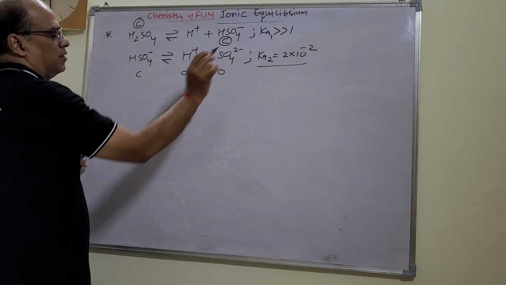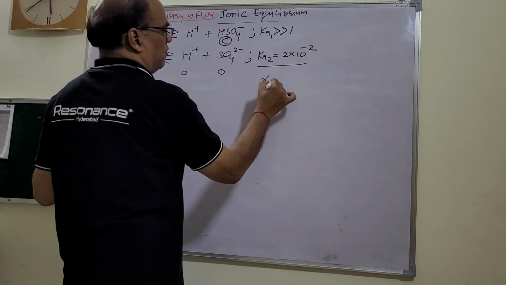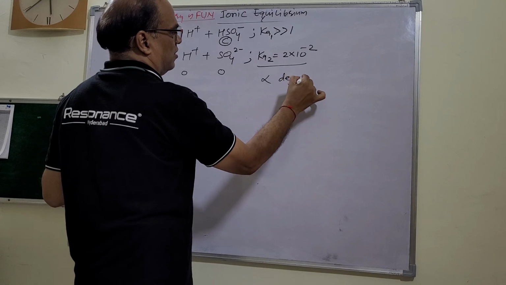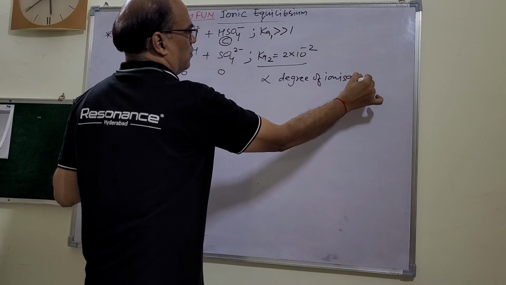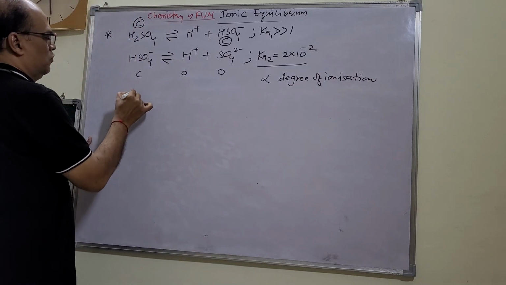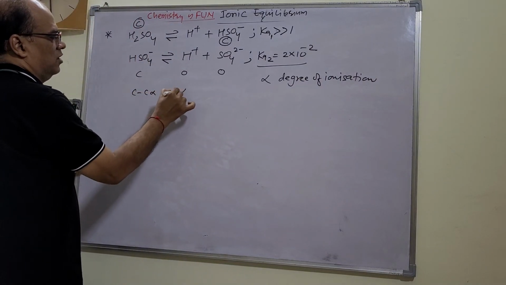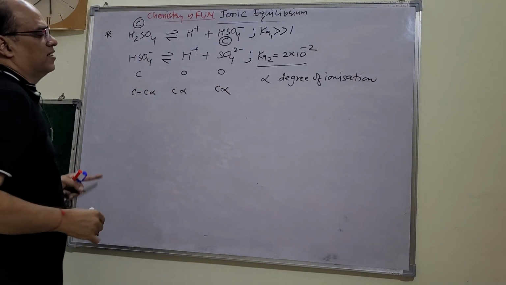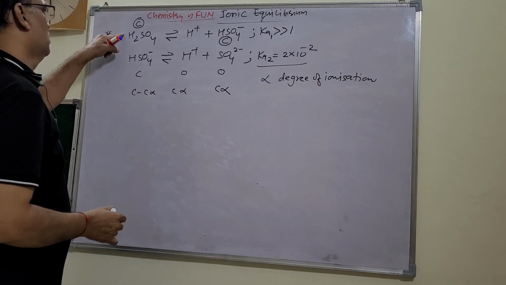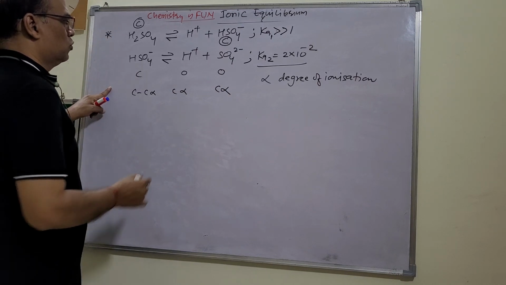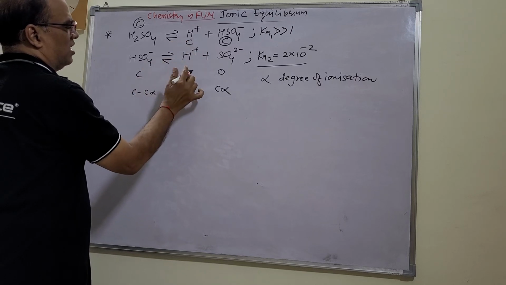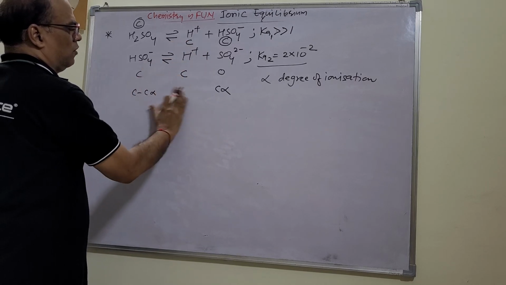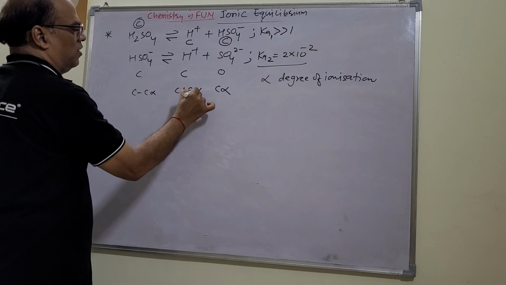Now the degree of ionization, alpha. So we will write C minus C alpha, C alpha, C alpha. Again there is an issue. What is the issue? They are in the same solution. So H plus will already be there, from the first step. So now it becomes C plus C alpha.